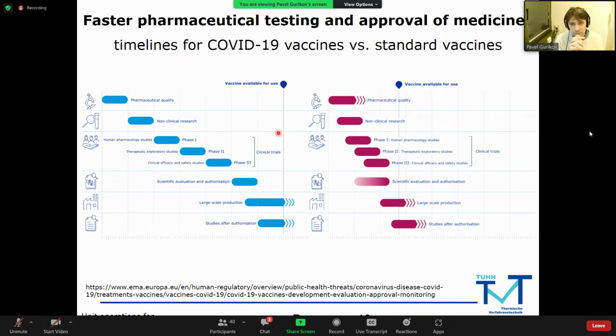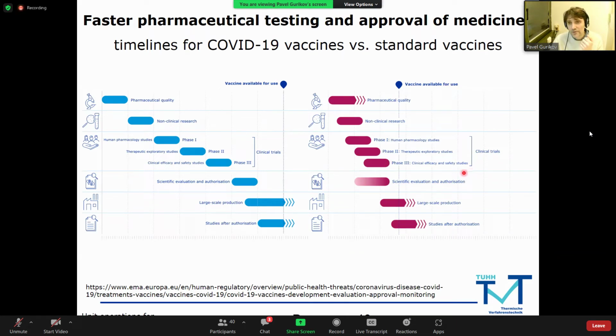I'm very impressed by this picture, because look how all these phases, which you just saw in the previous picture, are getting compressed, and basically there is not that much gap between the vaccine becoming available for use and all the steps. Pharmaceutical quality and non-clinical research are going on almost together with the clinical trials of phase 1 and 2.